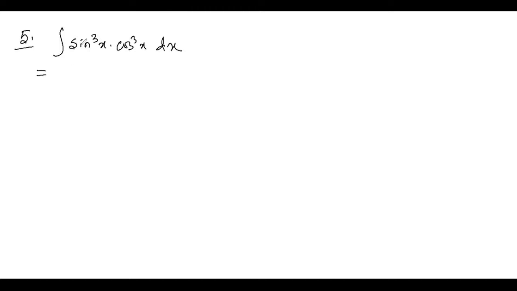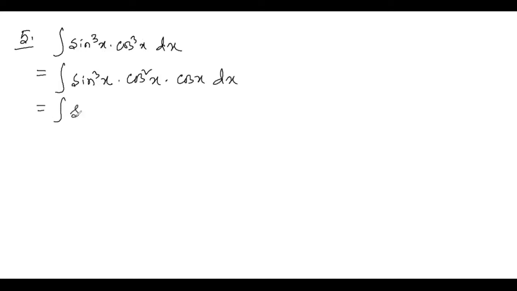Next sum is question number 5. Here given sin cube x into cos cube x. It's integration, fine. So here how we integrate this one? One thing you can do, that is sin cube x, and this one cos square x into cos x, like this way you can write.